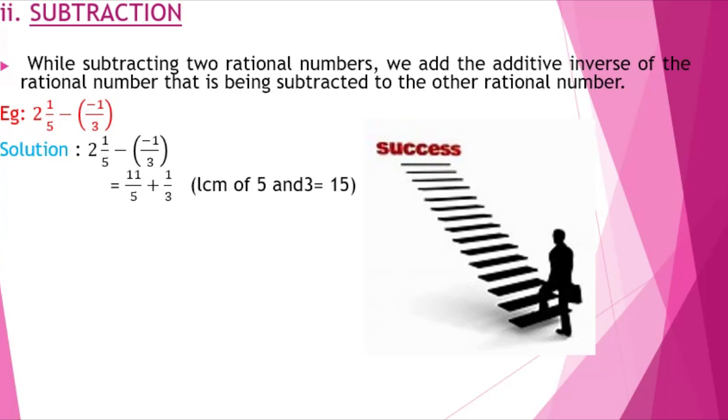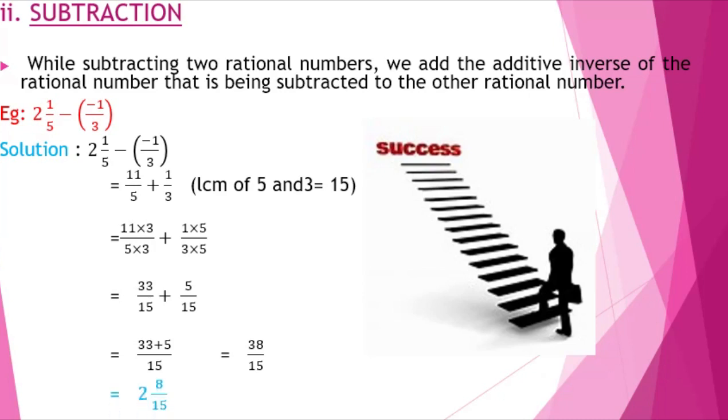That is, denominators are different. You have to find the LCM, then add it. Here the LCM is 15. So we get 33 upon 15 plus 5 upon 15. That gives 38 upon 15. We can write it as 2 integer 8 upon 15.